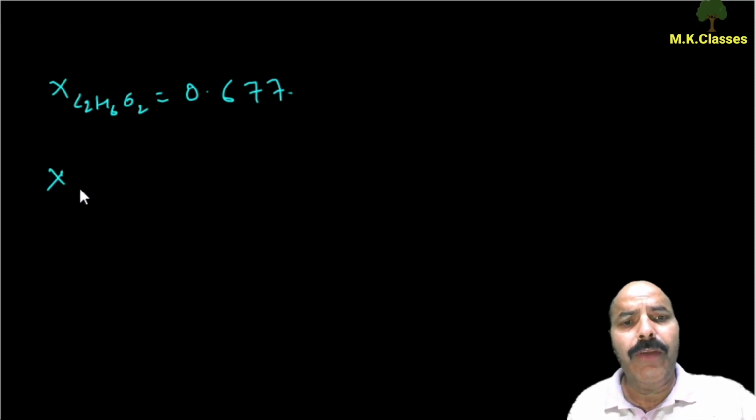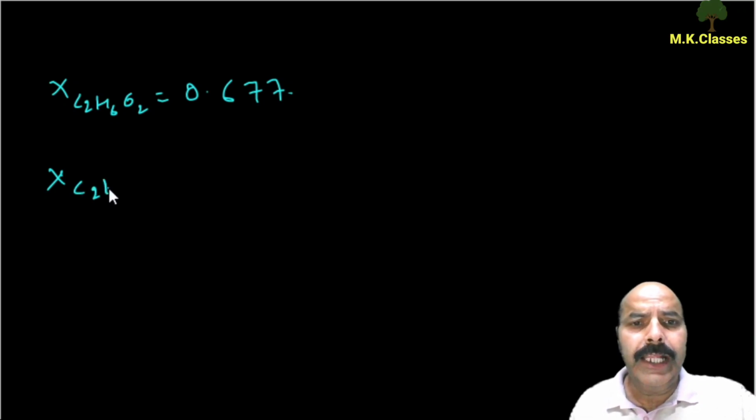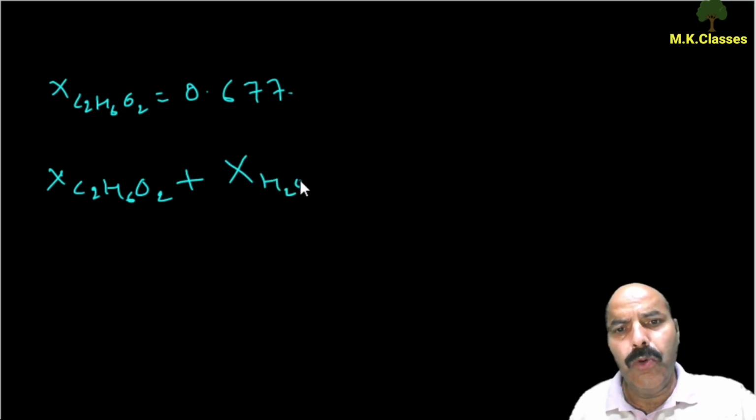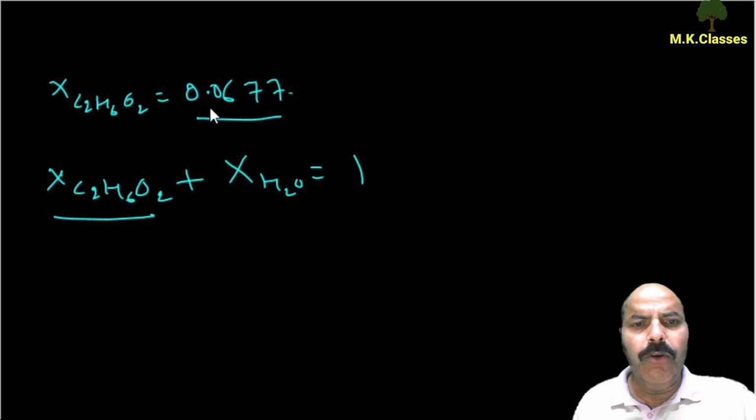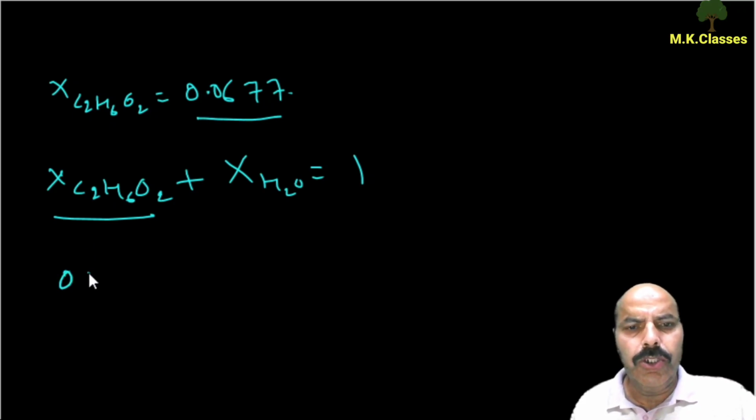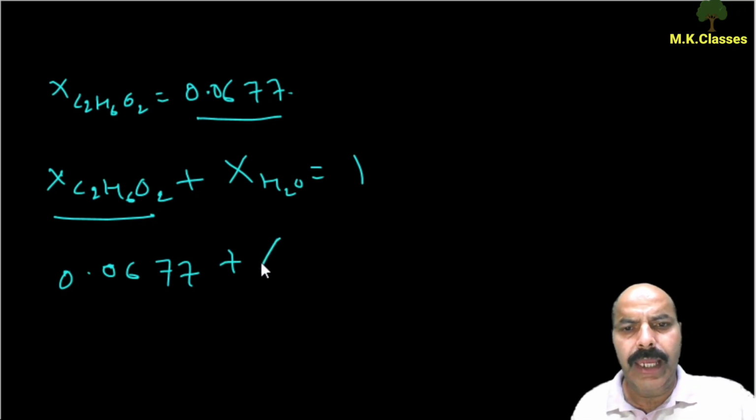So we can find out the number of moles of your water also beta, because we know the sum of the mole fraction of all the components, that is equal to 1. So C2H6O2 beta plus XH2O, that is equal to your 1. So now we know the mole fraction of ethylene glycol, 0.0677 plus XH2O, that is equal to 1.